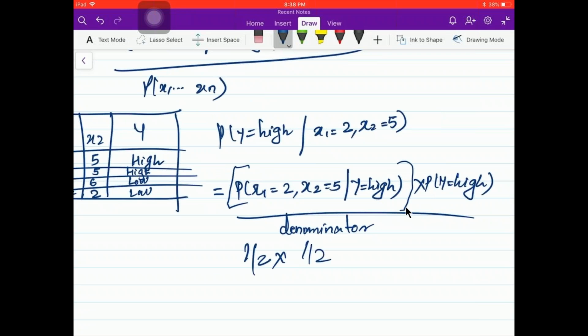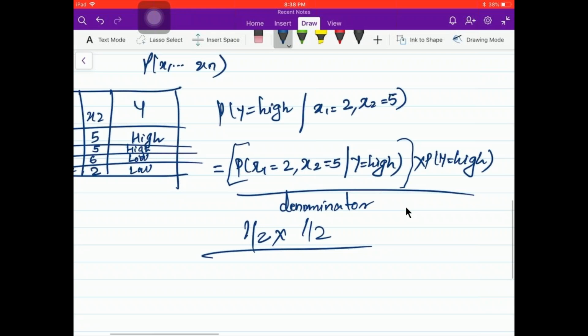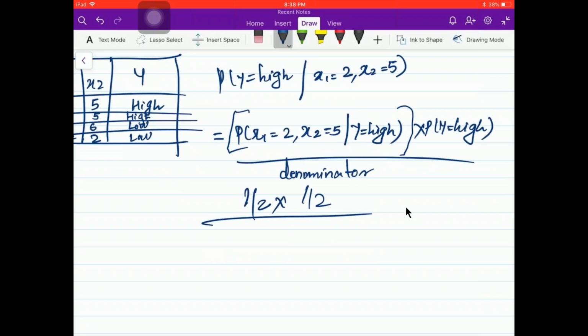So the denominator is basically probability of x1 equal to 2, x2 equal to 5, given y equal to high, into probability of y equal to high, plus probability of x1 equal to 2, x2 equal to 5, given y is equal to low, into probability of y equal to low. There's a lag, I think, on the screen, so just bear with me.